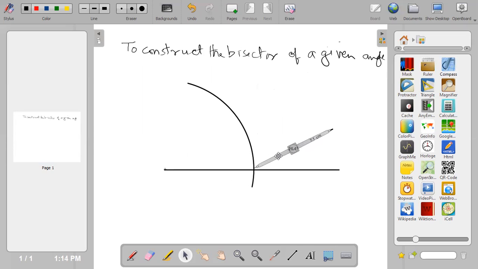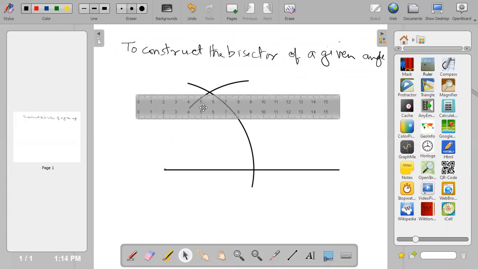And again you can put here, you can bring it here, you can draw this and now join this line to get the angle.